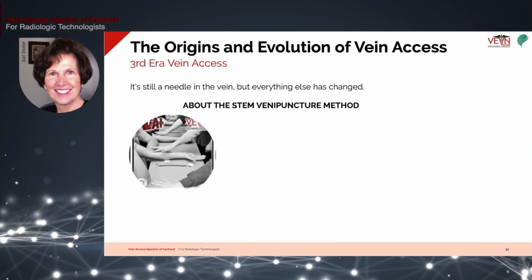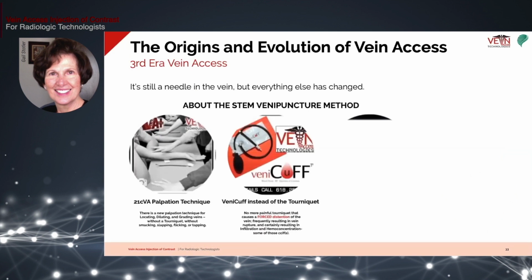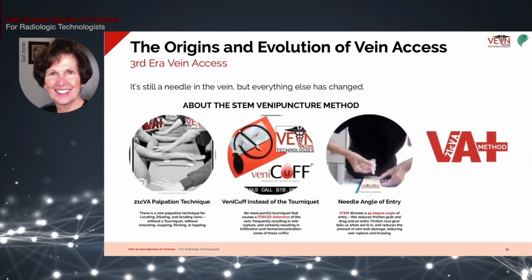So along came me, and I realized early on that there's a better way to do this. And when you apply science, it not only explains all of the problems, but it'll give you the solution to those problems. So this 21 CVA technique has a few components to it, and we're only talking about one today, but it's the new palpation technique for locating, dilating, and grading veins.